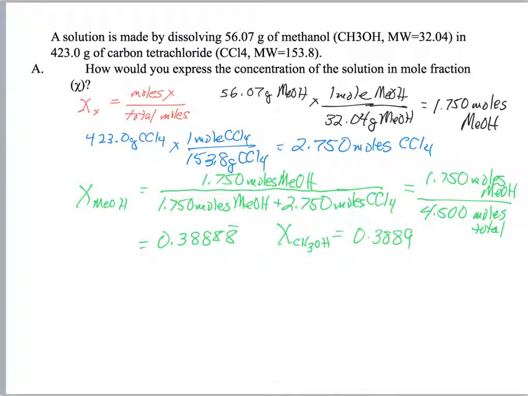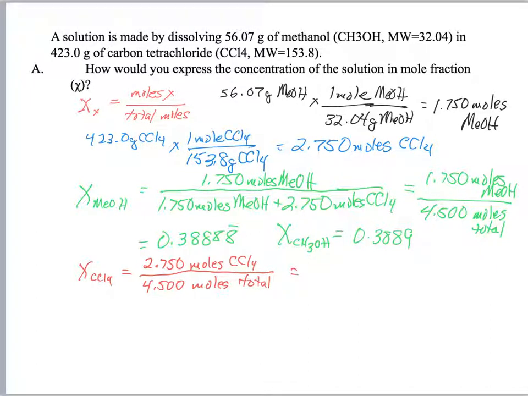And so if we look at the mole fraction of carbon tetrachloride, right, we know the number of moles of carbon tetrachloride. There are 2.750 moles of carbon tetrachloride, and we just found out there were 4.500 moles total.